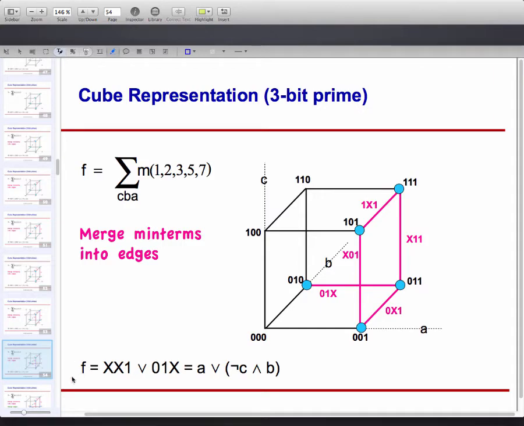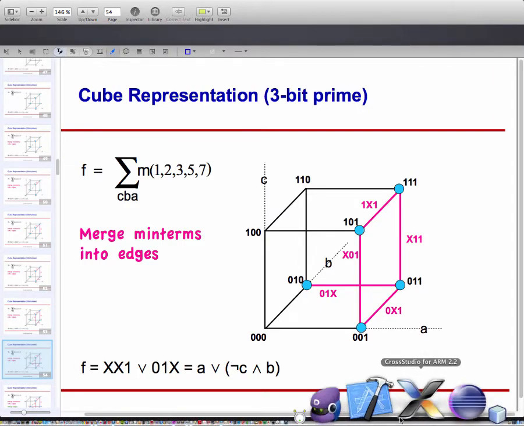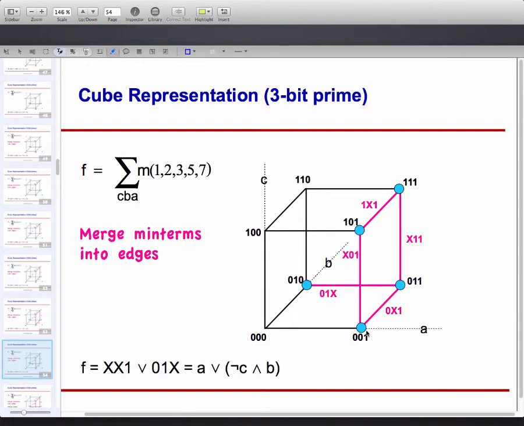So for example, this edge which is connecting 001 and 011, the middle bit, namely bit B, changes. So we call it 0x1. It's basically saying that for both the points on this edge, the first bit is 0, the middle bit could be 0 or 1, and the final bit is 1. And likewise, for each one of these 5 edges, I can have a representation where one of the literals is going to be an x.